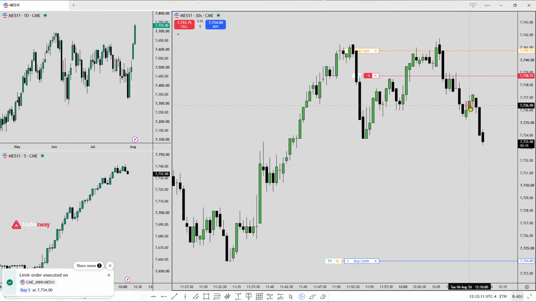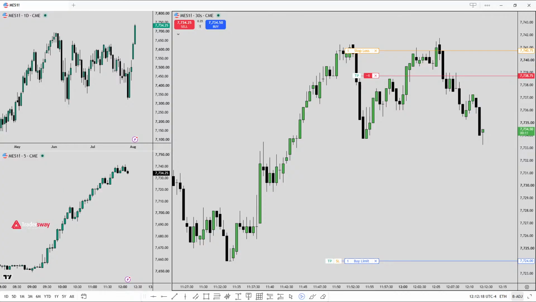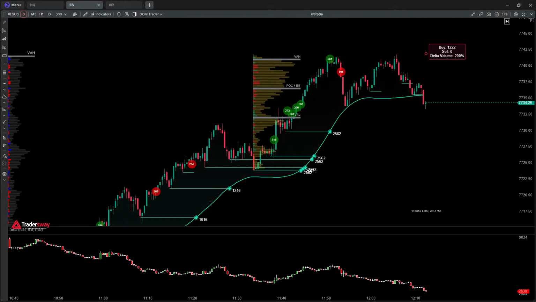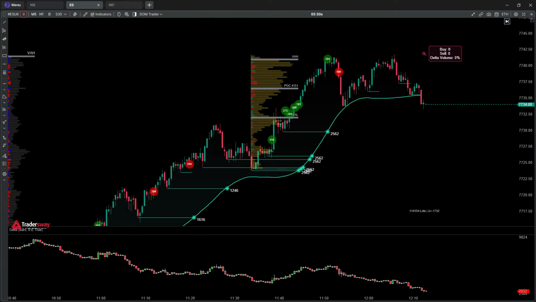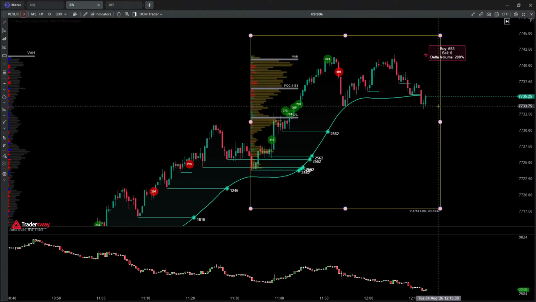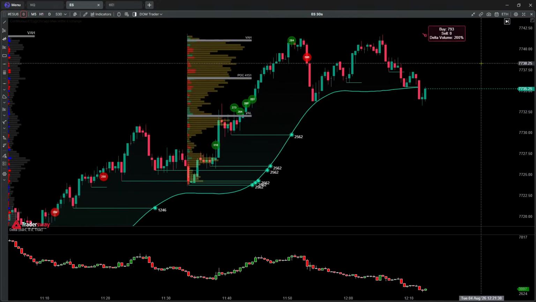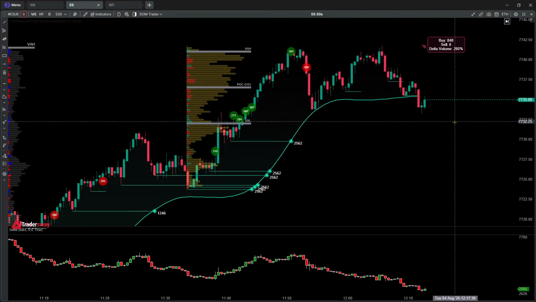Okay, that first partial is taken. Now let's look at volume index average. Let's wait for that signal to pop and for the price to have a slight pullback. So we have that breakout structure.